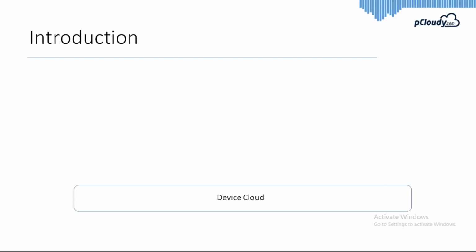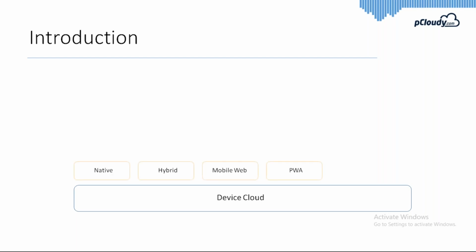pCloudy is basically a device cloud. It's a mobile device cloud test platform on which you can perform different kind of testing activities on the real devices. So we provide you the right infrastructure in terms of mobile devices, both smartphones, tablets, and phablets, and users can access those devices remotely and do the testing on multiple, different kind of applications.